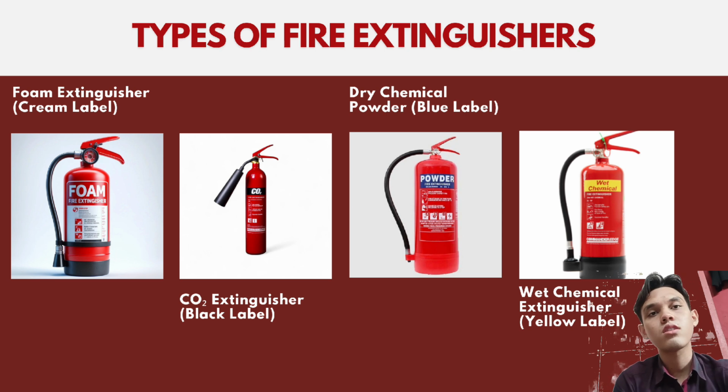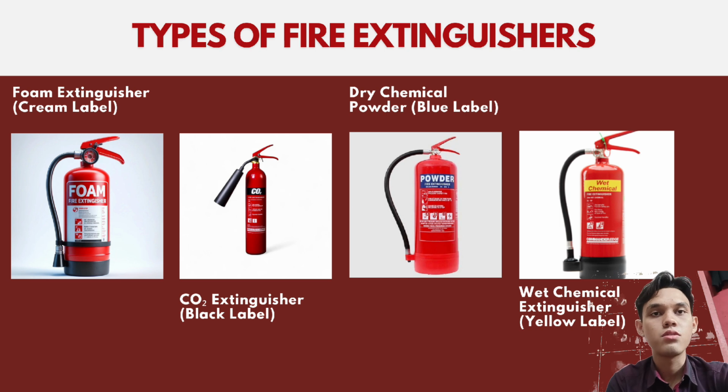Let's go through them one by one. One, foam extinguishers are good for Class A and B fires, especially fires from flammable liquids like petrol or paint. The foam forms a blanket over the fuel, cutting off oxygen.